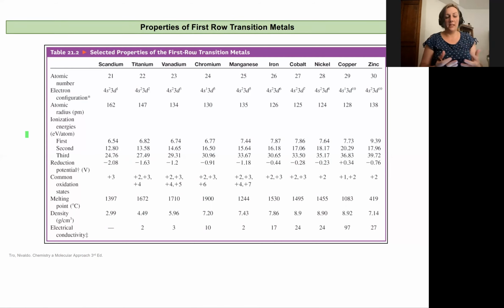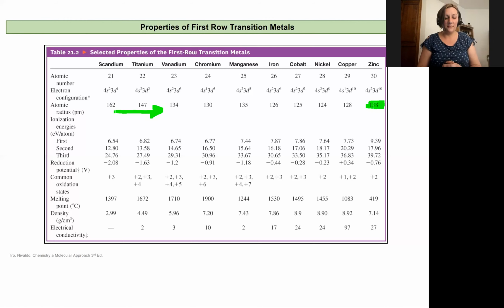But it's showing atomic number and electron configuration and radius for each of these. As you can see, it gets smaller for the most part as we go across the periodic table, but not by much. And our group 12 element, again, doesn't fit that same pattern. Zinc stands out as having a large increase in size compared to a decrease in size like you would expect.